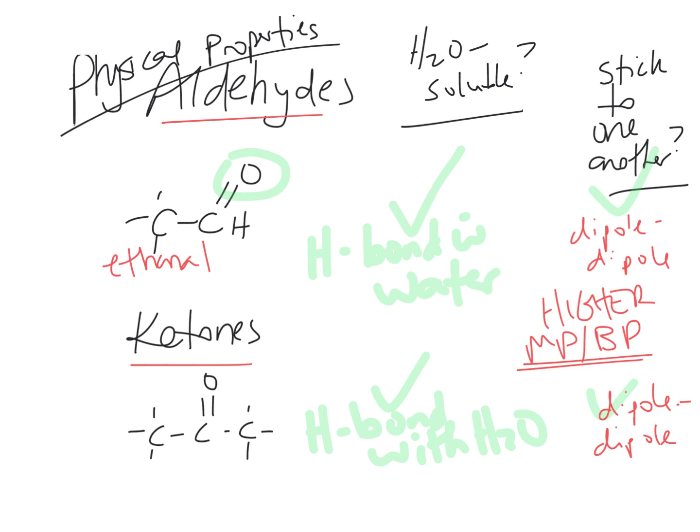You would also expect this ketone here, propanone, to have a higher melting point and boiling point than its adjacent hydrocarbon, propane. Because propane and ethane can only associate with neighboring molecules via dispersion force or London force, whereas these guys, as aforementioned, have dipole-dipole force between adjacent molecules, and so they stick together a little more strongly. Hope you found this helpful.